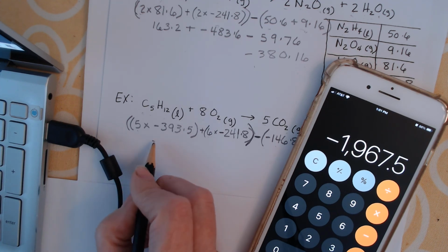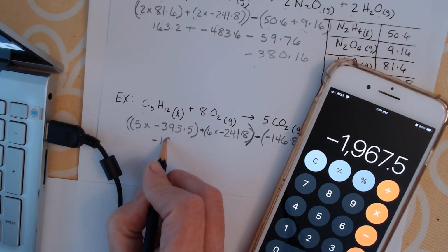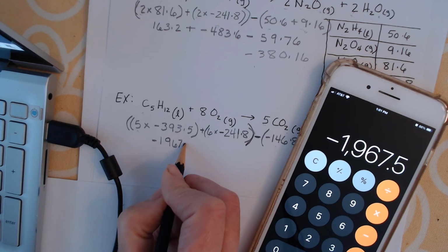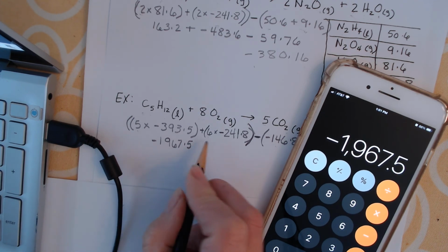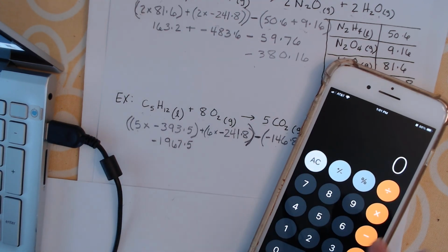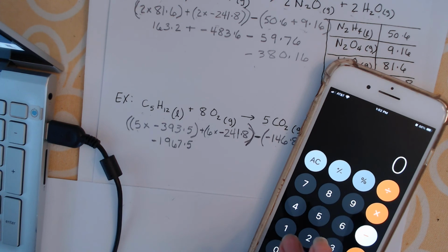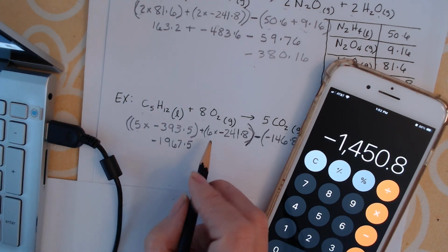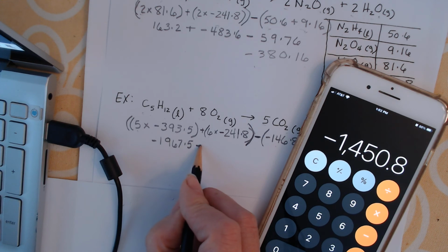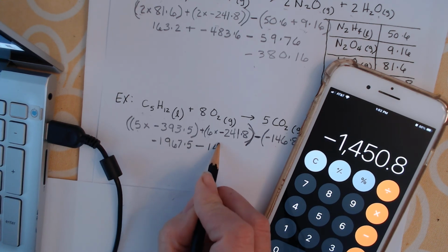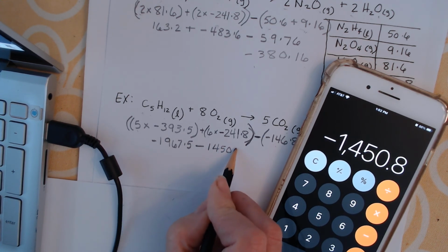There, that's better. Negative 1,967.5. Okay, plus negative 241.8 times 6 equals negative 1,450.8.